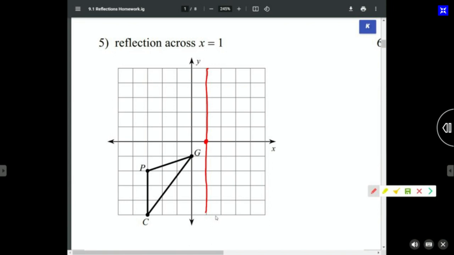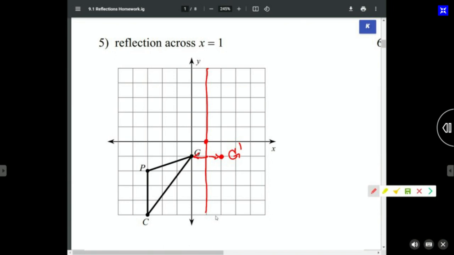So how far is G from this line? 1 to the... So if I'm going to flip over, I have to go 1 to the... To this day, I hate it when somebody tells me to hold my right hand or my left hand up because I got to think, which one do I write with?